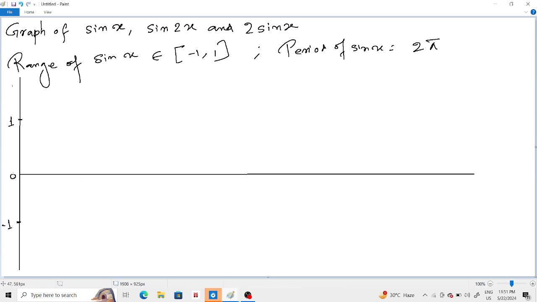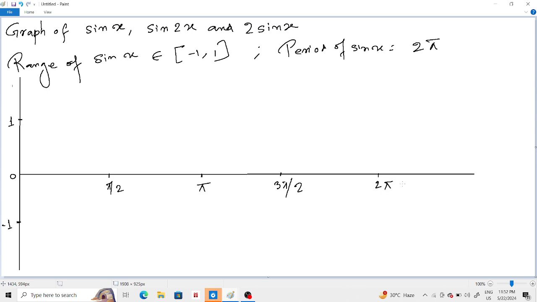On the x-axis, we'll start with 0, then we will put pi by 2. Let me increase the space, so it's pi by 2, then pi, then 3 pi by 2, then 2 pi. I want to draw the graph of sin x for its entire period.